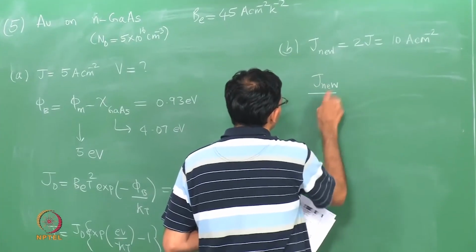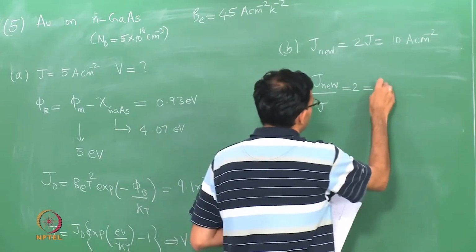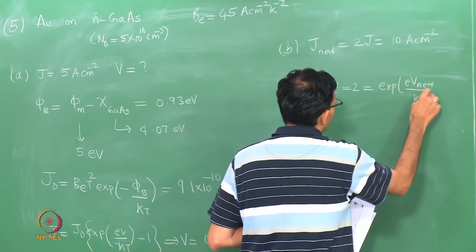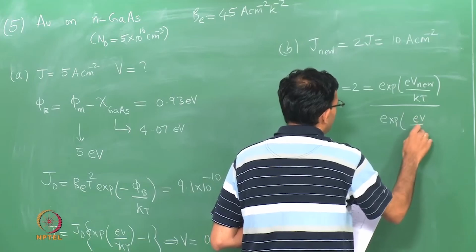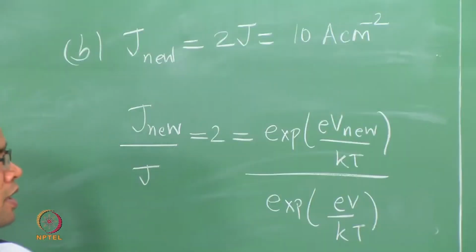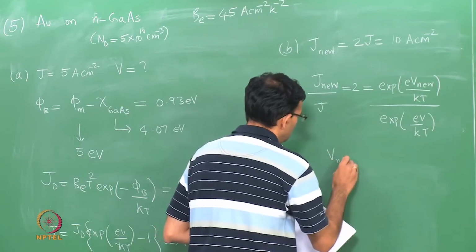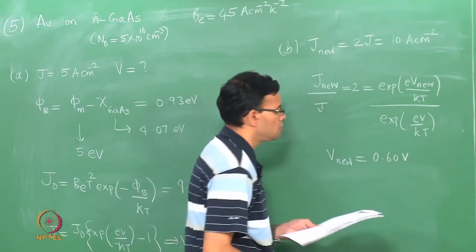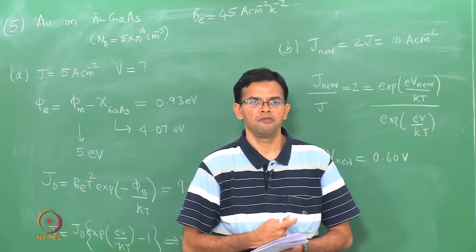If you take the ratio J new over J, which is 2, it is equal to exponential EV new over KT divided by exponential EV over KT. V is known, we just calculated that in part A. The only thing we need to do is to calculate V new, and V new is 0.60 volts.